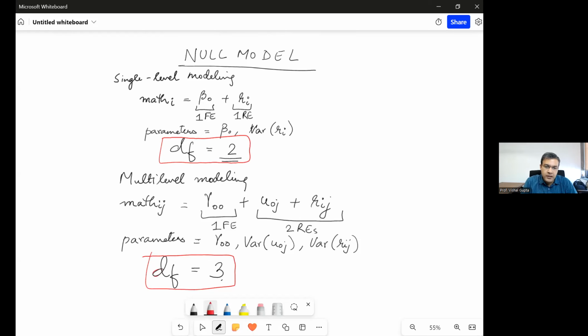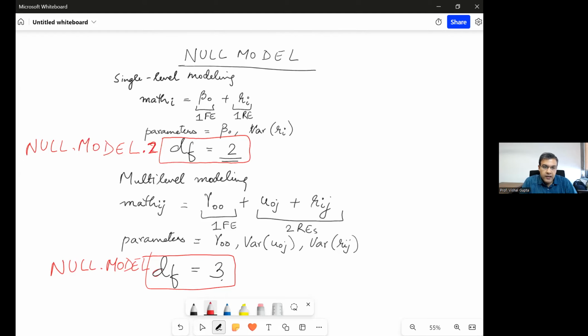Number of parameters in the model. So you see the null model, the first model that we had run, has a df of 3, and the second null.model.2, the second null model that we had done, we had given it a name, has a df of 2, right?